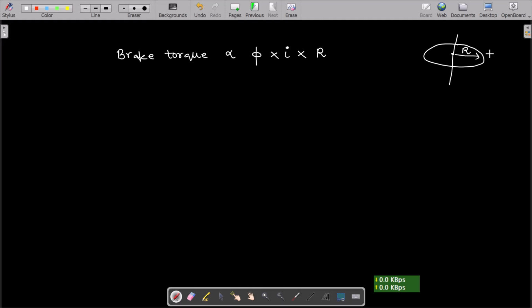This is nothing but the radius of the disk. So we need to learn this expression by heart, similar to F is equal to BIL sin theta.